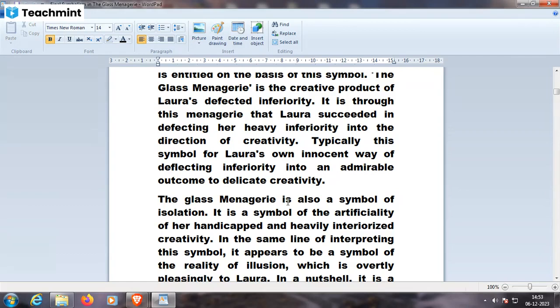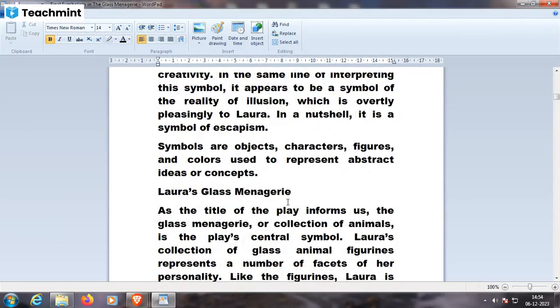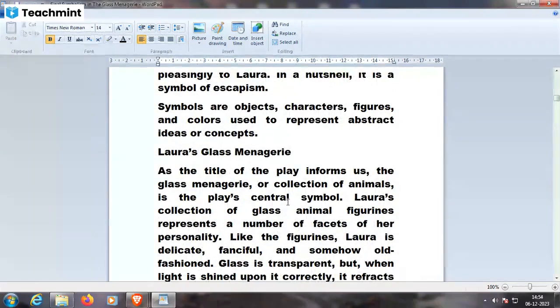And maybe this reality of illusion is worthy and pleasing to Laura. It is befitting her way of life. So Laura's way of life is somewhat different from others. In a nutshell, it is a symbol of escapism. So she wants to escape from the life that she lives.